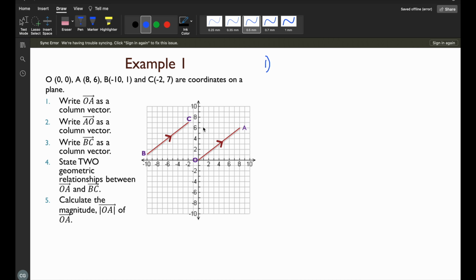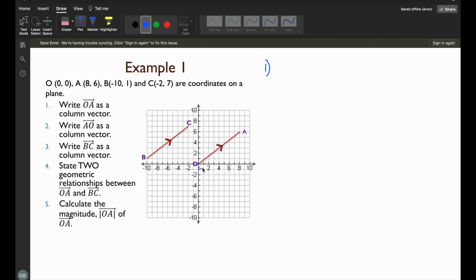What we're going to do is, OA means we're going from O to A. So we go in from here: 1, 2, 3. Notice I started from O. 4, 5, 6, 7, 8. I'm right under A now, so I have to go up: 1, 2, 3, 4, 5, 6.